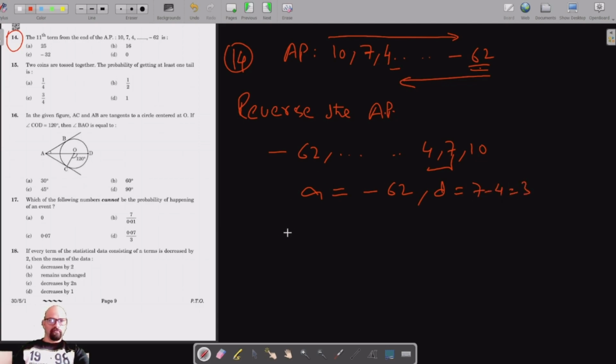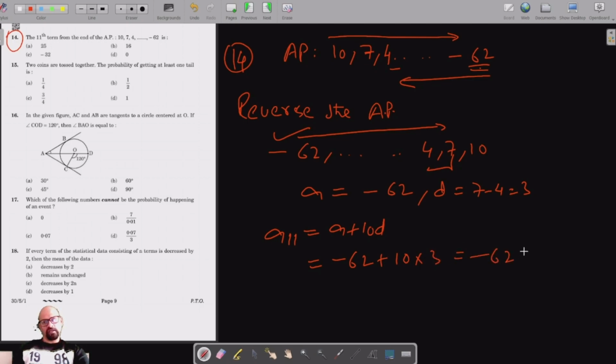Now when we use the formula of the nth term, that is the 11th term, this will give us the 11th term from here, which is the end. So a is negative 62, 10 into d is 30, which is negative 62 plus 30, which gives us negative 32. So negative 32 is the 11th term from the end, which is option C. So option C is the correct answer for this.